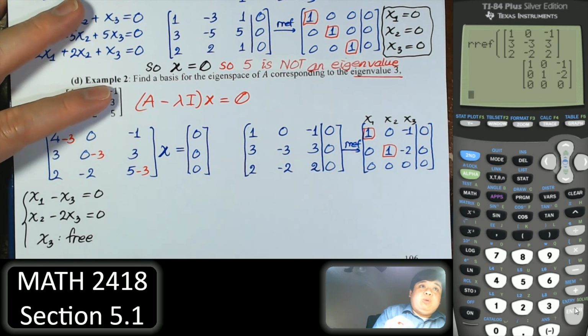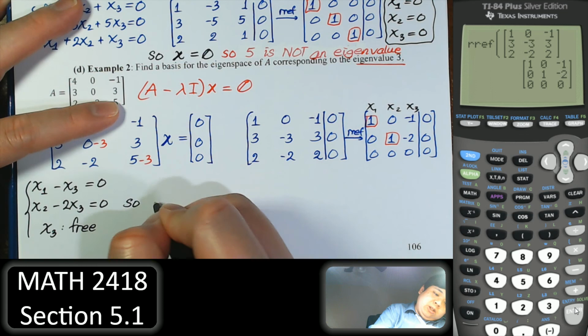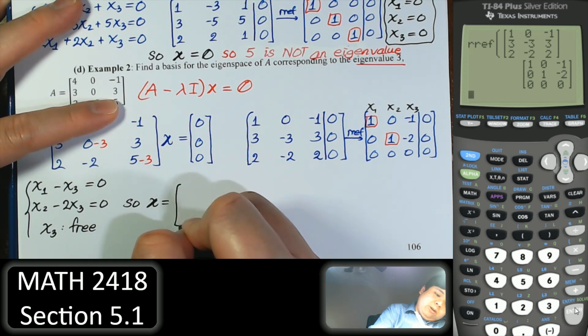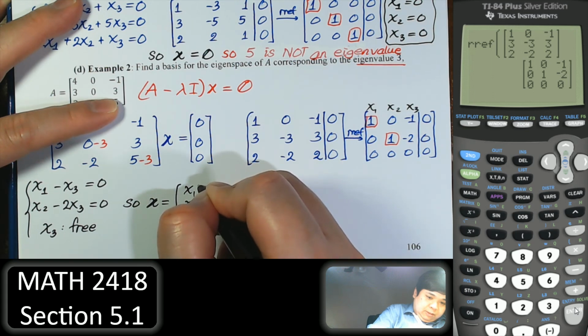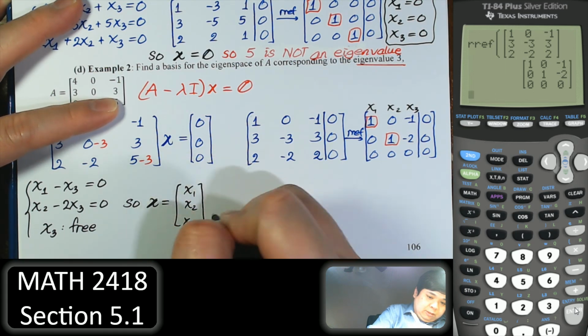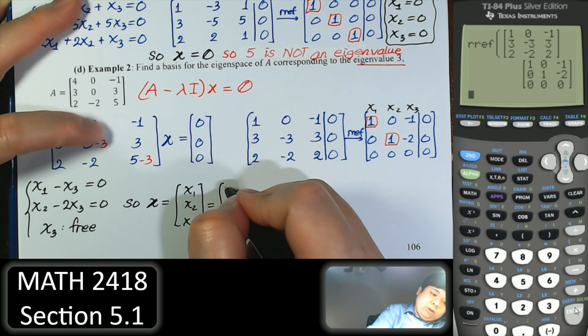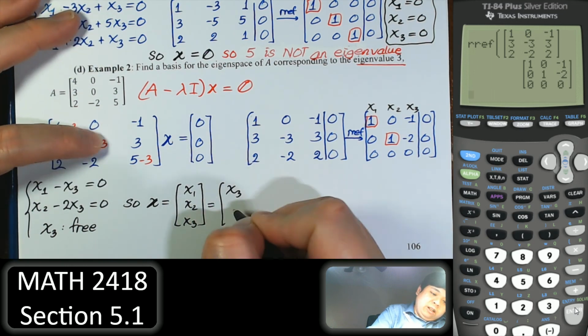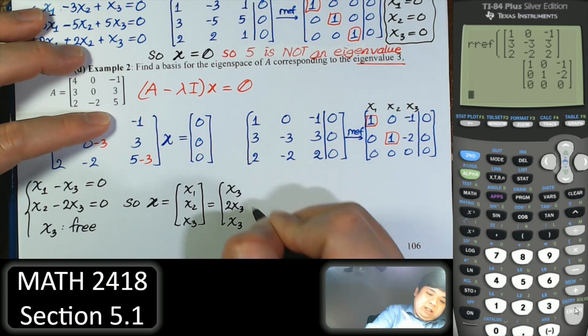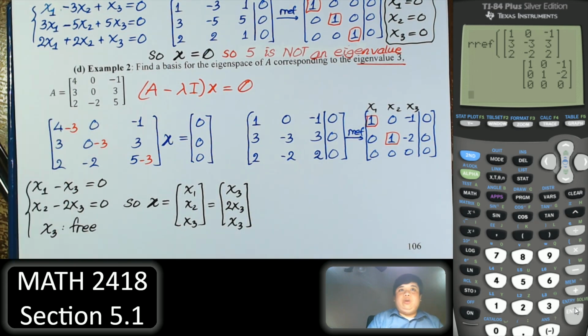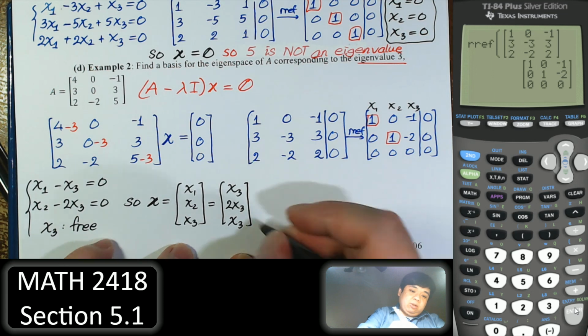Right, then we move everything to one side, so we can say x is equal to the vector x1, x2, x3. x1 equals x3 after moving it to the other side, and x2 equals 2x3, and x3 is free. Then we factor out x3.